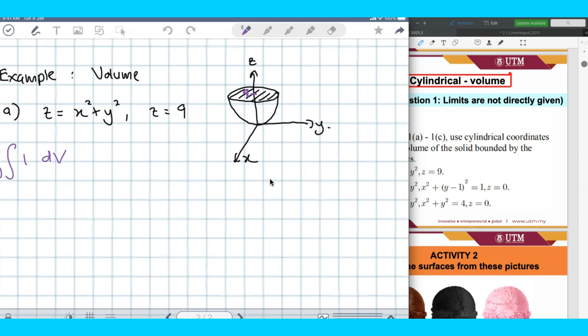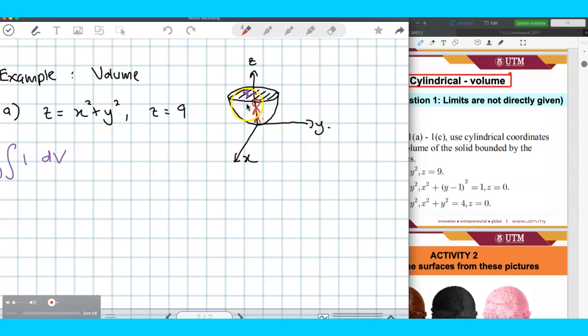Every time you want to deal with a triple integral, please always put these small people to guide you to get the correct order of integration and also the correct region. If you have this bowl with the cover, then as a normal person, you will be standing like this, right?